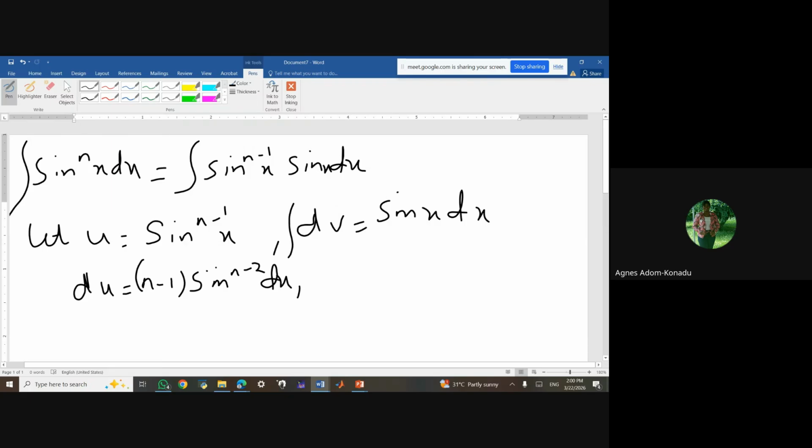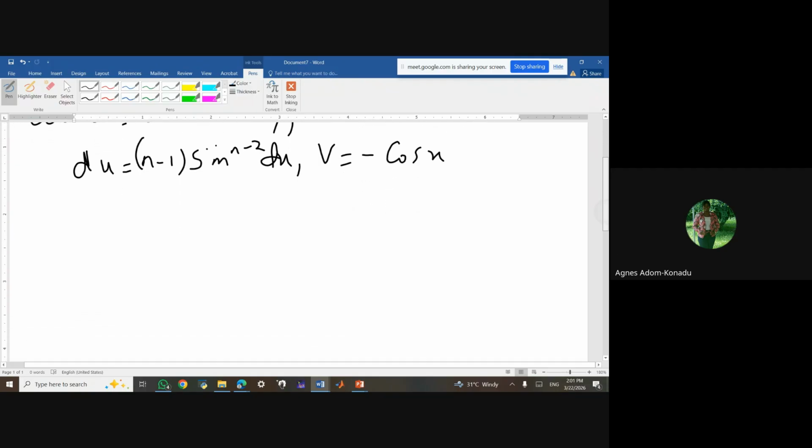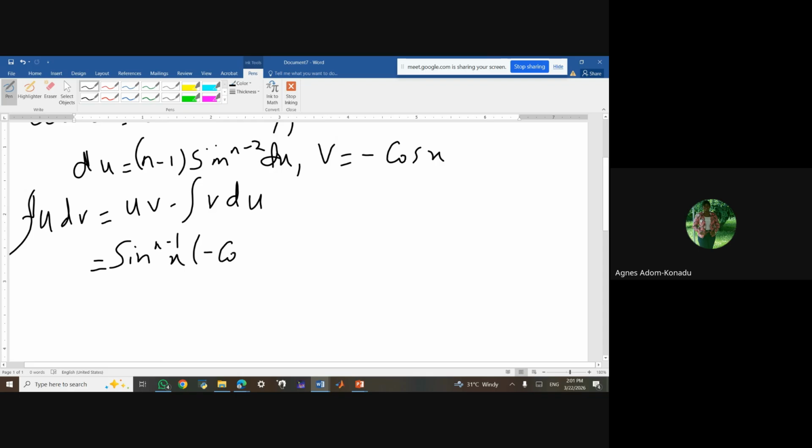Then let's integrate the v. So what will I get for v? The integral of sine x dx will give me minus cos x. So let's go to the formula. The formula is integral of u dv is equal to u times v minus integral of v du. So my u is sine n minus 1 x. Then my v is minus cos x.